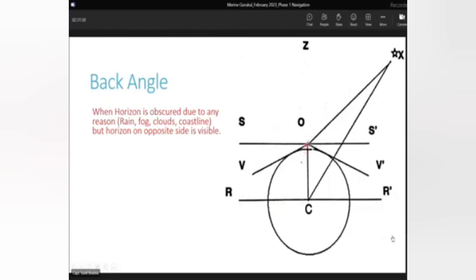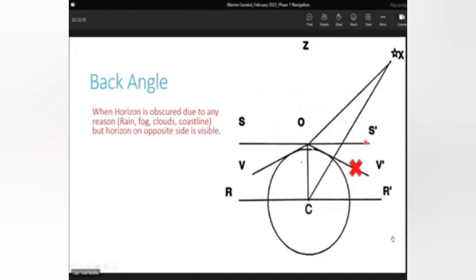So from the observer's eye, if you imagine a plane which is parallel to the plane of the rational horizon, which is represented by S dash in the diagram, this is the sensible horizon of the observer. This is the definition of sensible horizon of the observer. So we have the sensible horizon also here represented by S dash.